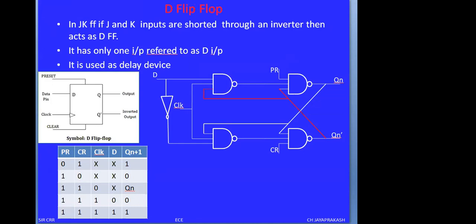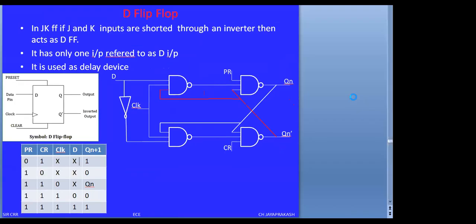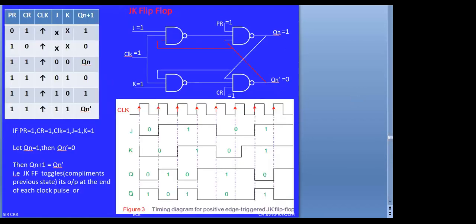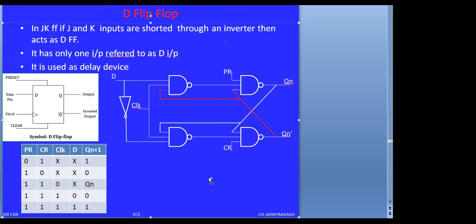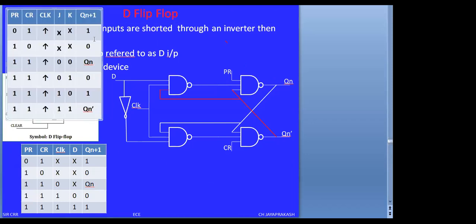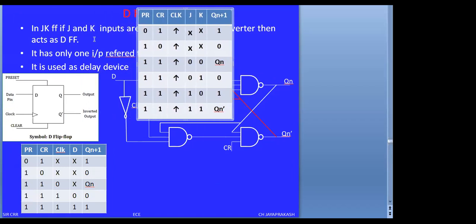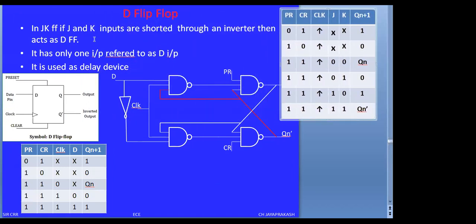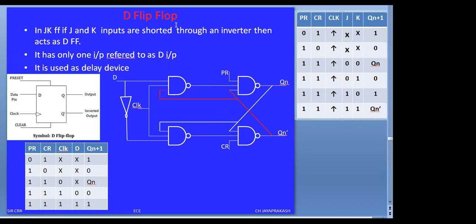In the D flip-flop, if you observe, the D flip-flop is called data flip-flop or delay flip-flop.